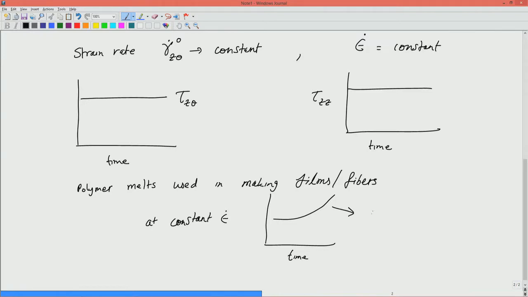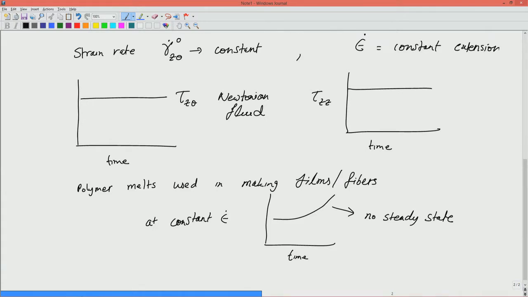So, therefore, there is no steady state. Clearly, for a Newtonian fluid we have no such feature. So, a Newtonian fluid shows a steady state both in shear as well as extension.